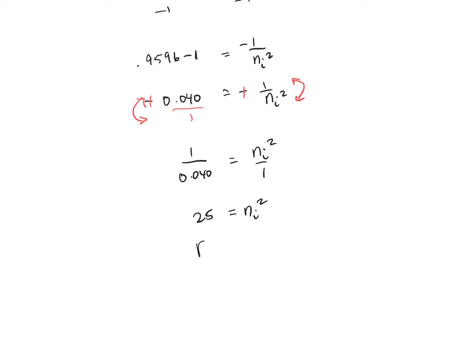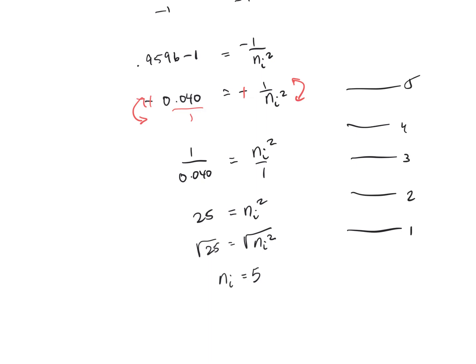Then you take the square root of 25, and the square root of ni squared, and N initial is going to be equal to 5. So this means that the transition in the ultraviolet region of the spectrum, 1, 2, 3, 4, 5, right? This is the transition right here that results in light that has 95 nanometers.